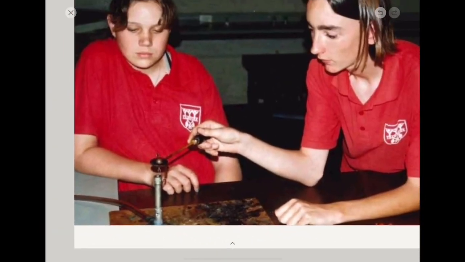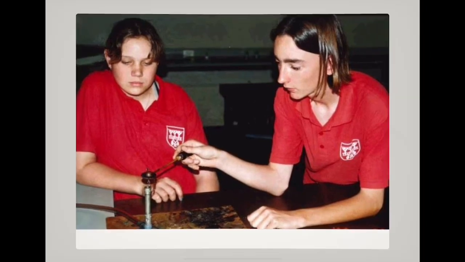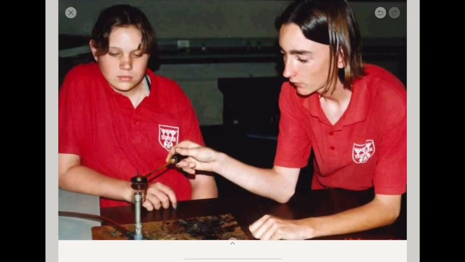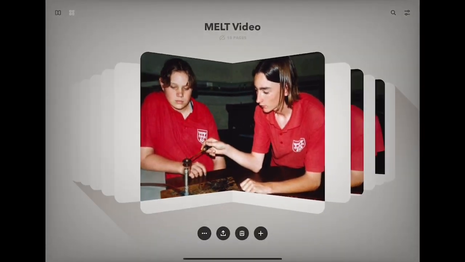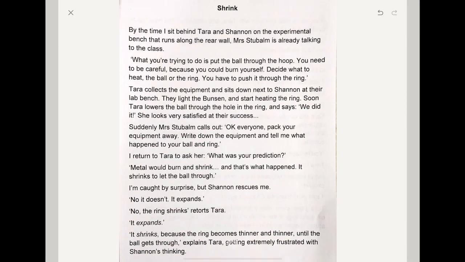The ball didn't fit through the hole in the ring, but their challenge was to make it fit. So that's the scenario that I was observing. And once we've gone through that story, then we'll use MELT for the analysis. So the story is called Shrink.